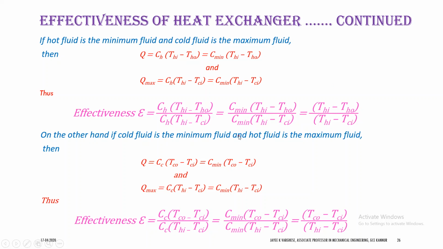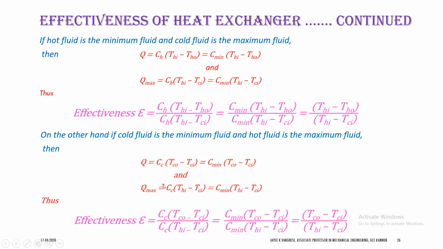On the other hand, if the cold fluid is the minimum fluid, we can get a similar relation. Q is equal to Cc into Tco minus Tci, and since the cold fluid is the minimum fluid, we write C min into Tco minus Tci. Qmax is written as Cc into Thi minus Tci, which is C min into Thi minus Tci.